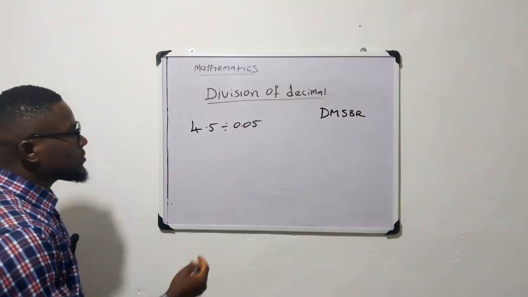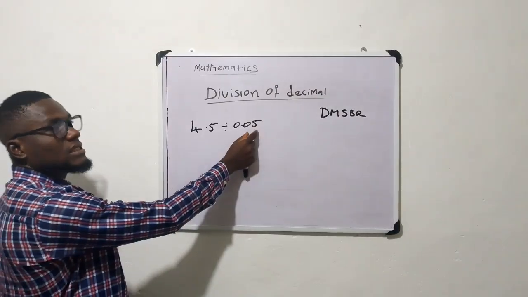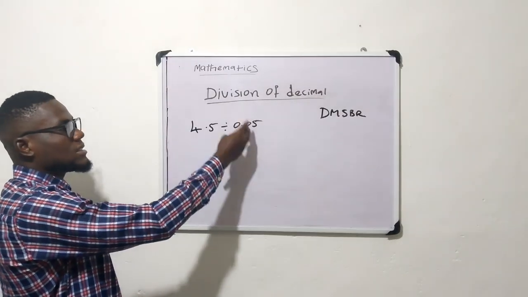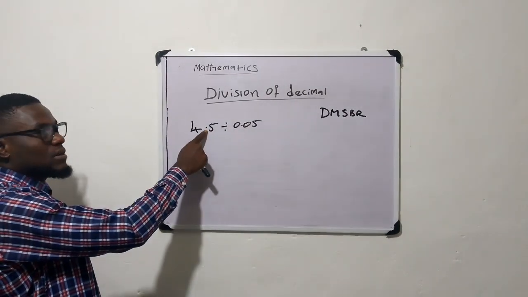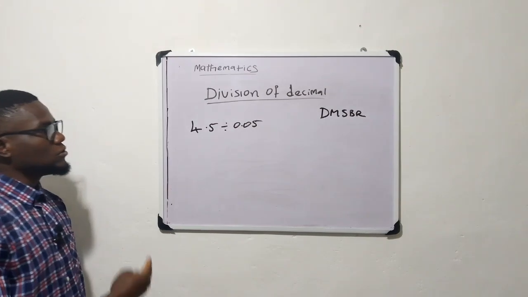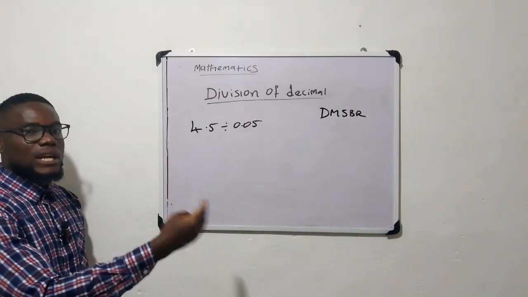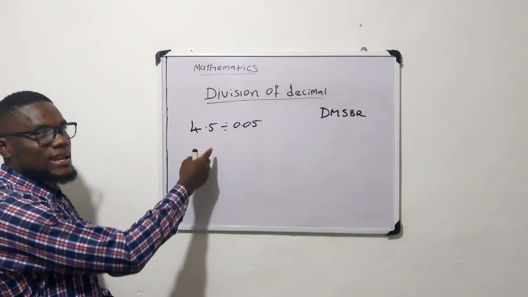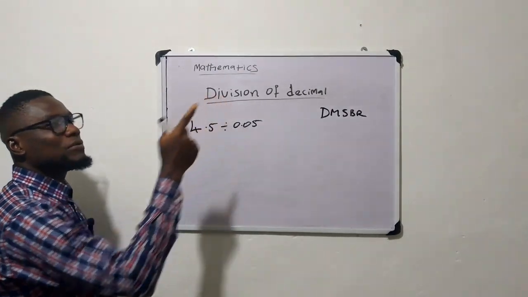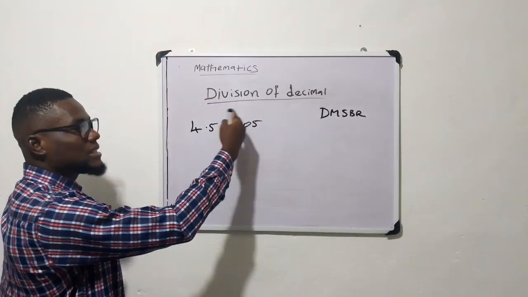We have two digits after the decimal point on the side of the divisor, but we have only one digit after the decimal point on the side of the dividend. So what we're going to do is add a zero to the dividend side, to be equal to the number of digits after the decimal point on the side of the divisor.